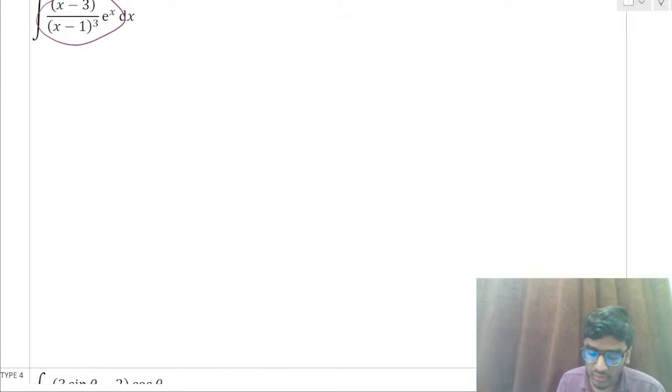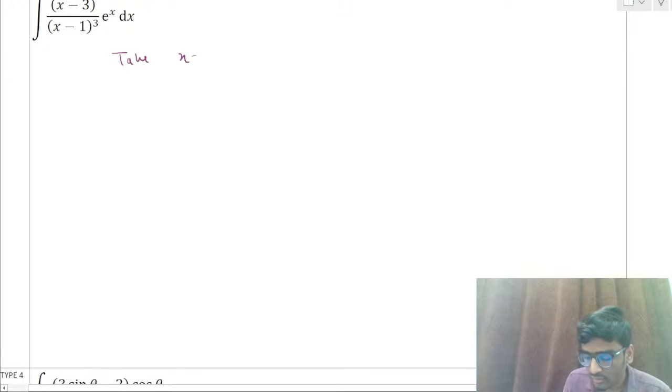So what we are going to do is some manipulation here. As we can see, x minus 1. We are going to take this term x minus 1 as t, so x equals 1 plus t.